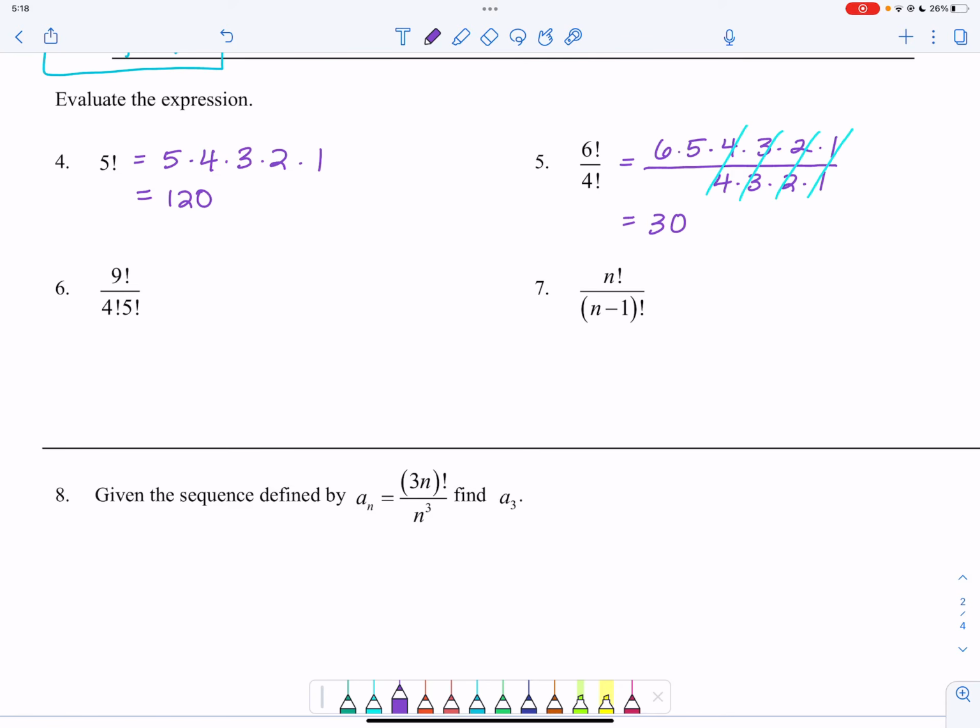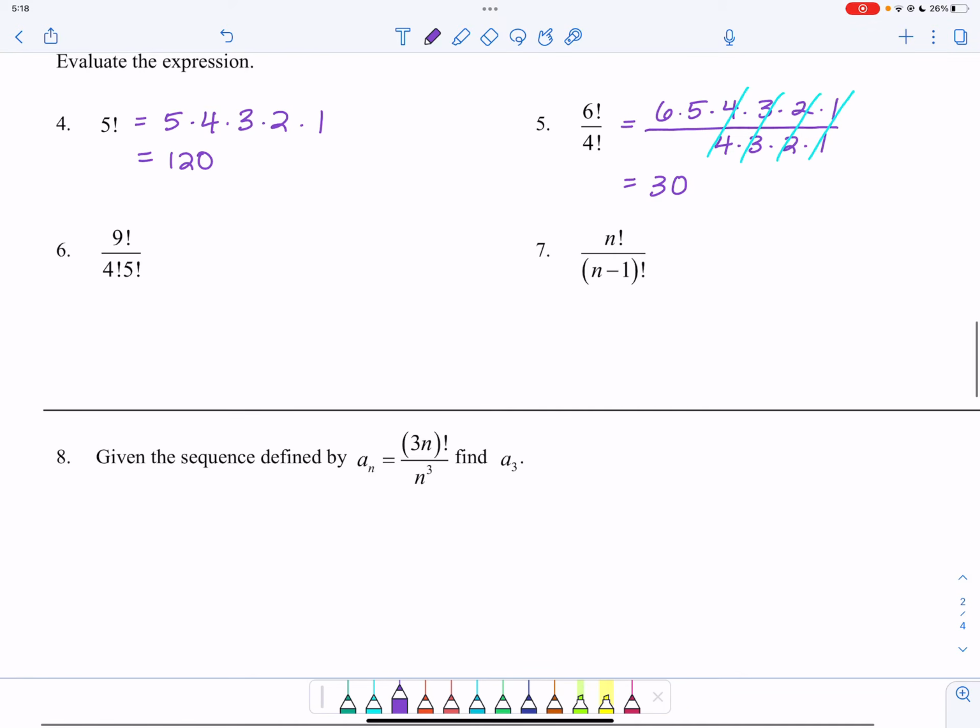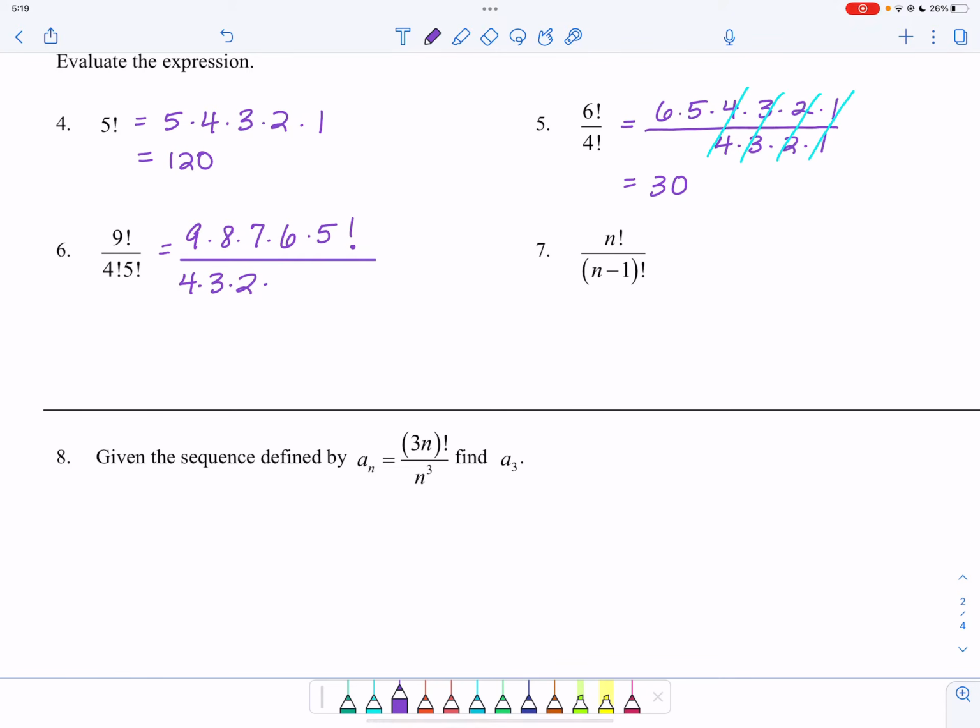Okay, using that fact, let's take a look here. 9 factorial is 9 times 8 times 7 times 6 times 5 factorial. And you'll see why I stopped at 5 factorial, because 4 factorial is 4 times 3 times 2 times 1 times this 5 factorial.